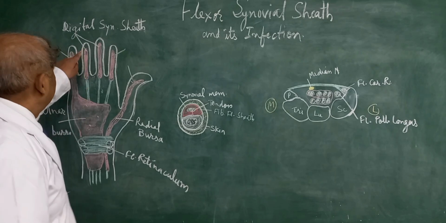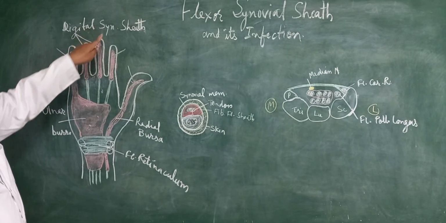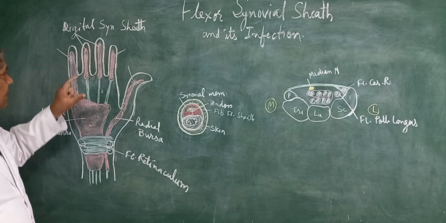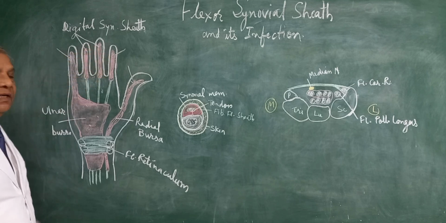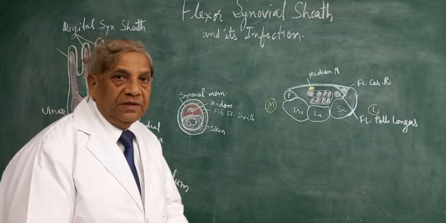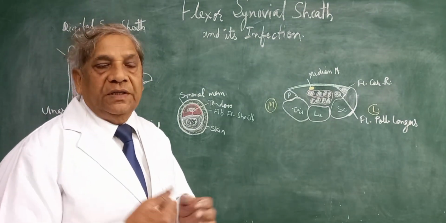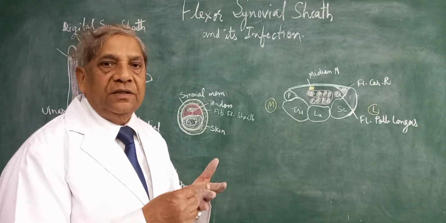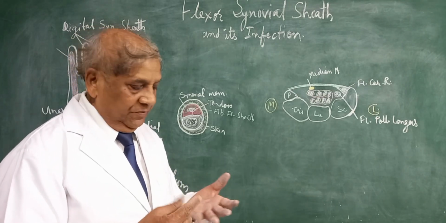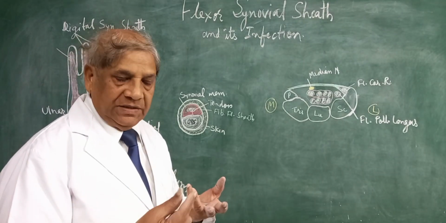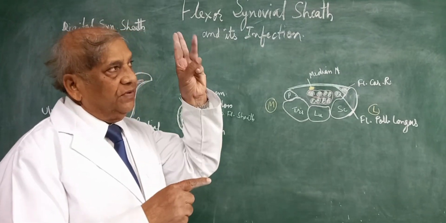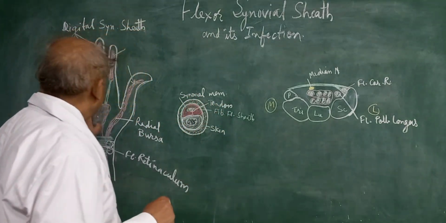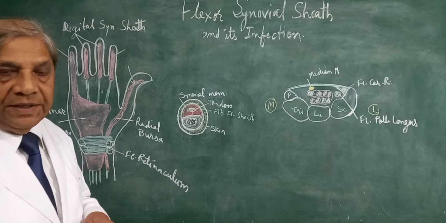But if infection is in the digital synovial sheath of the ring finger, middle finger or index finger, then it will remain limited there. So whenever a pinprick is given for drawing a drop of blood for examination, most often these three fingers are used because they are not continuous with the ulnar bursa or the radial bursa.